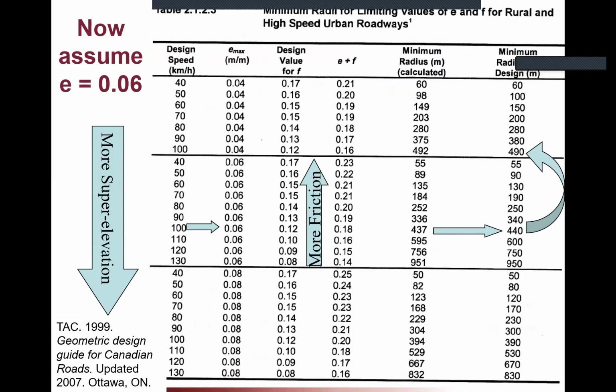So when you move from 0.04 for 100 into 0.06 for 100 again, you go from 492 to 437 radius of curvature. So you reduce the radius of curvature by about 55 meters. If you go into the 0.08 super elevation for 100 kilometers per hour, you would drop even further to 394 meters minimum radius of curvature.